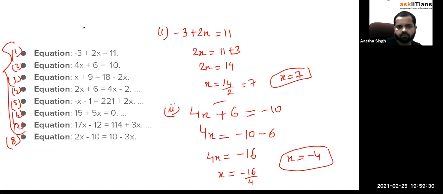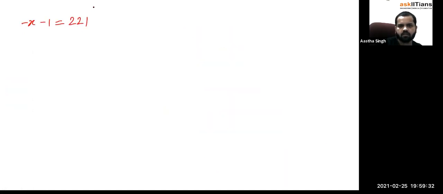Minus x minus 1 will be equal to 221 plus 2x, right? So you have to solve for your x. Here your plus 2x will go to another side, and this is your fifth one, right?